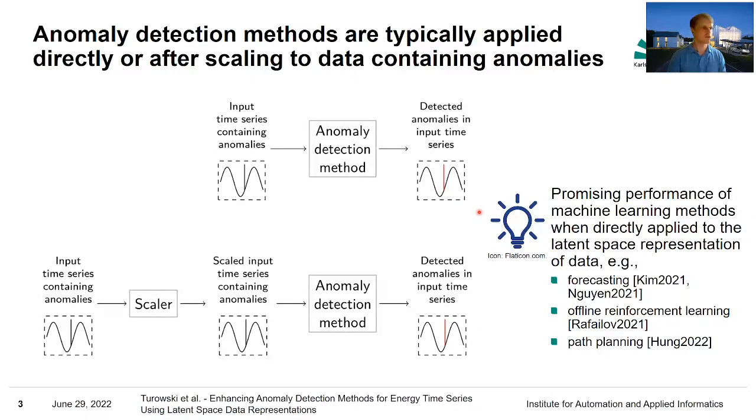For example, in forecasting, in offline reinforcement learning, or in path planning. The latent space is an abstract multidimensional space containing a meaningful representation of features that is often not directly interpretable.